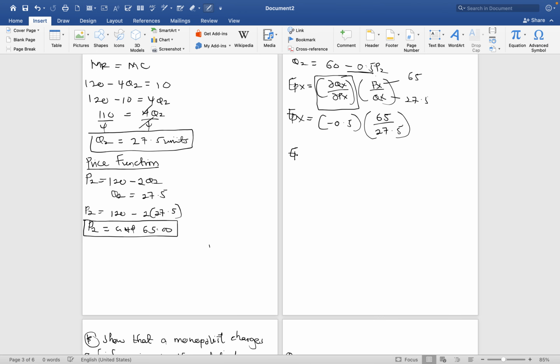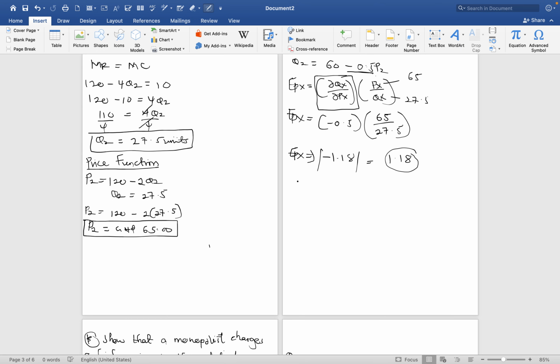So we have EPX to be minus 0.5 times 65 divided by 27.5, which gives minus 1.18. So in absolute terms, this gives us 1.18.